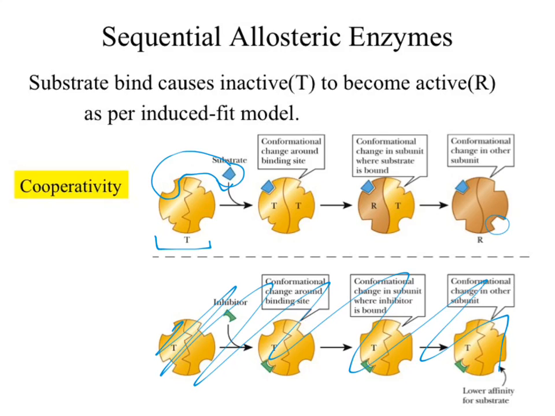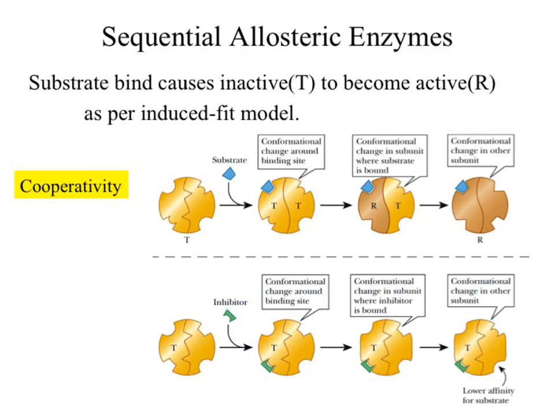But what happens if we put in an inhibitor? In the case of an inhibitor, we still start with our inactive T state. The inhibitor comes in and it's going to bind, and in the process, we now change that from our T0 state to our now inactive T state. That induces a structural change within the enzyme that causes a shift in that other case to prevent binding.